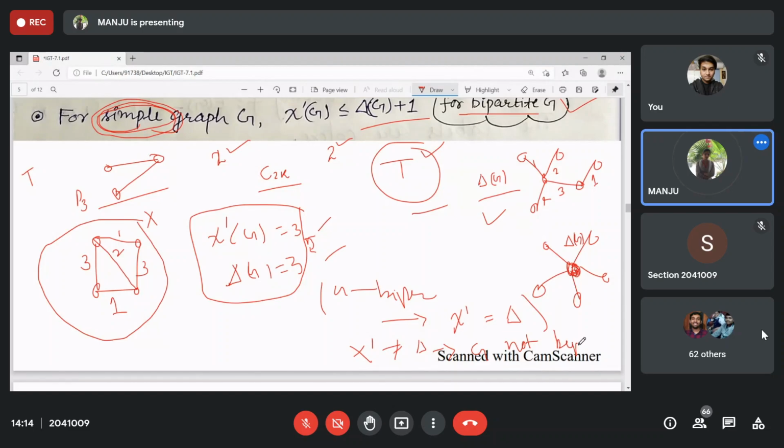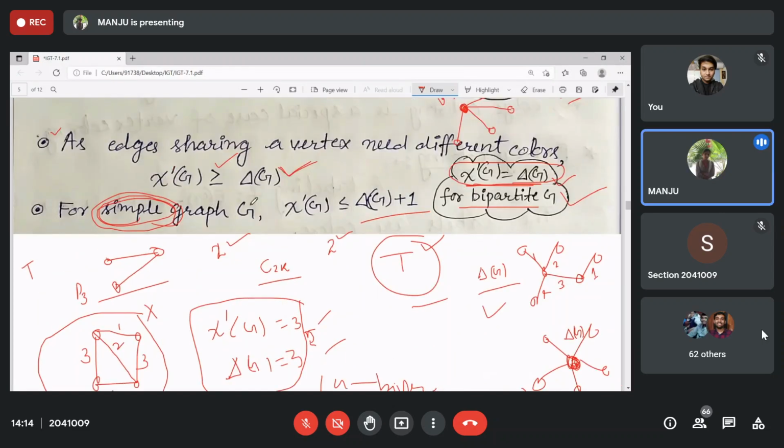Clear? Yes, ma'am. For a simple graph, it will be at most delta G plus 1.